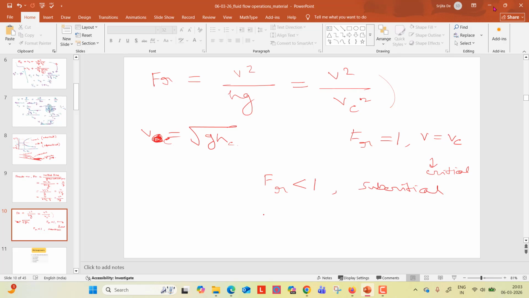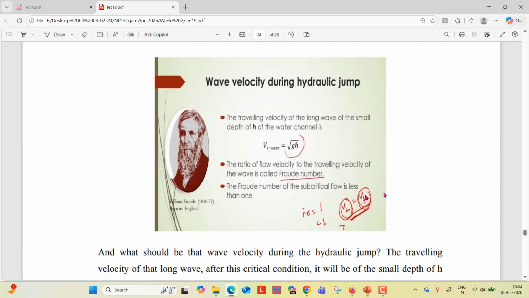And when the Froude number is greater than 1, that means the flow velocity is greater than the traveling velocity. It is coming as the supercritical zone, the rapid flow zone. You can see the Froude number of the subcritical flow is less than 1.